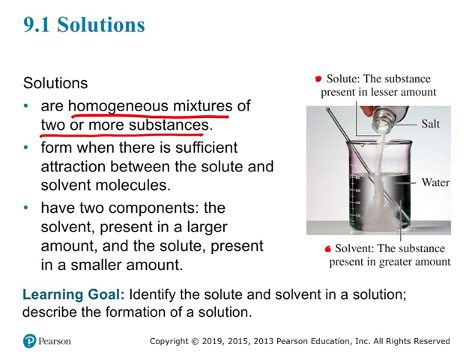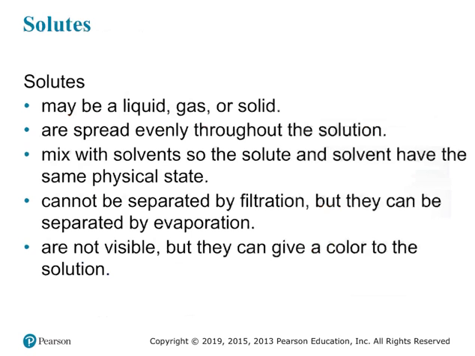So you need sufficient attraction between the solute and the solvent. So solutes, again, those are present in a smaller amount. That can be a liquid, a gas, or a solid.